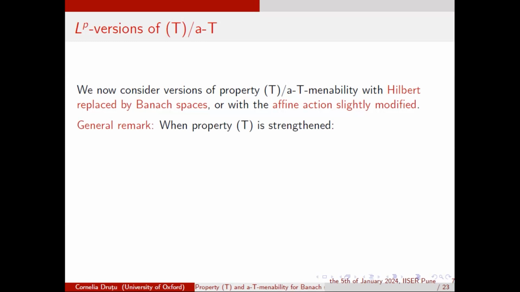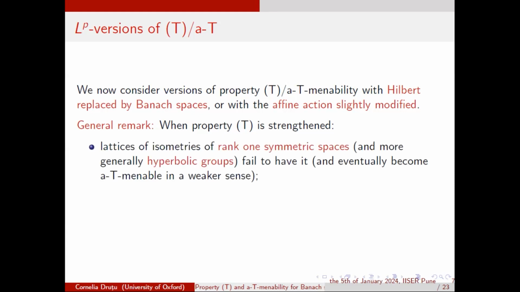A general remark is that people believed, as soon as the first strengthenings of property T appeared, that when one strengthens property T and therefore weakens a-T-menability, the lattices in rank 1, all of them, will fail to have the strong versions of property T. So we're speaking here of lattices over the quaternions or lattices of isometries of the octonionic plane.